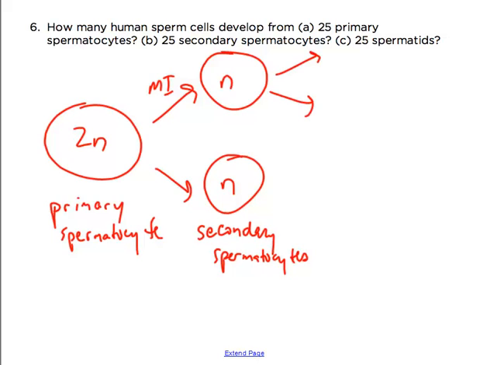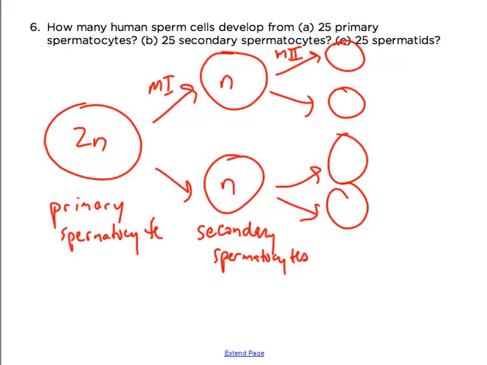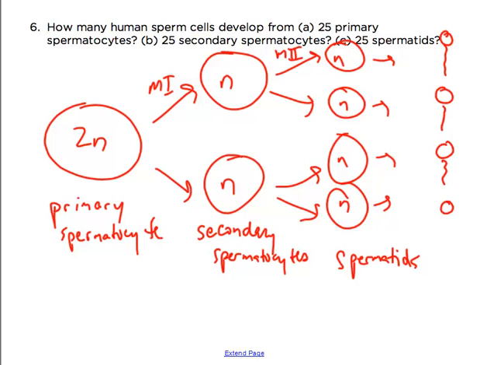And then after meiosis II, you end up with 4 spermatids, each of which is N. A spermatid is genetically identical to a sperm cell. I can't draw very well, but it looks like a lollipop, and that's supposed to be a sperm. Each of those is haploid as well.